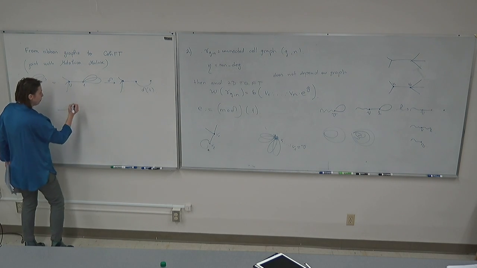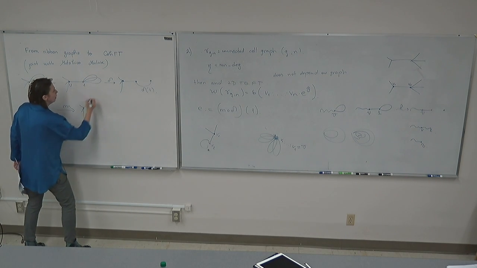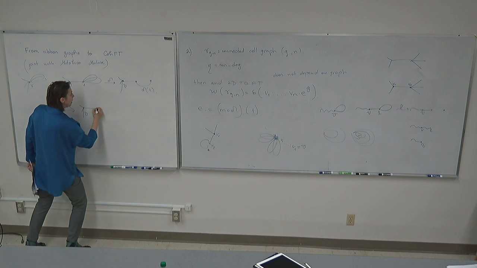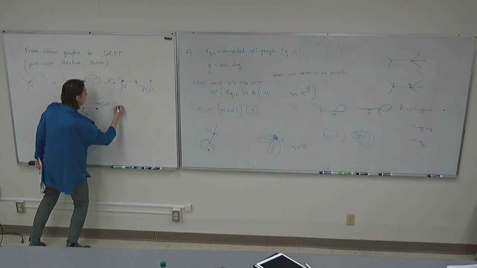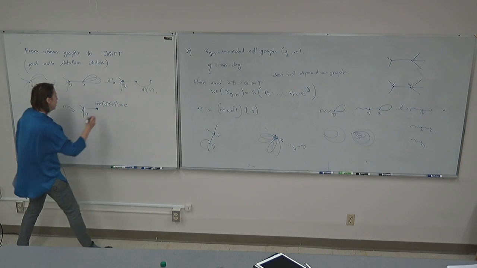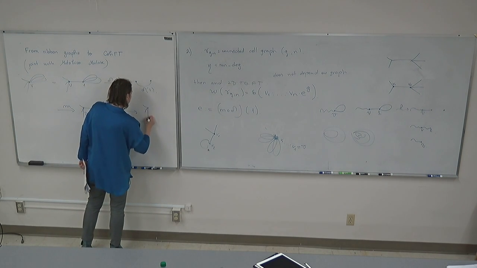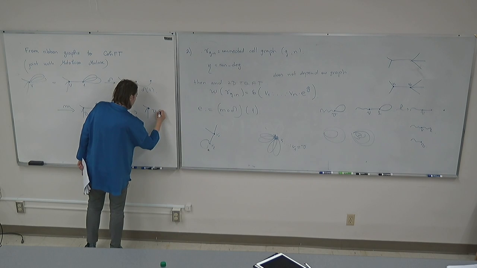So these are these two pairs of pants, and I may get something like this. This is still V, but this element will be M composed with delta of 1. That is the Euler element. And then I apply the multiplication again. That gives me V times E.